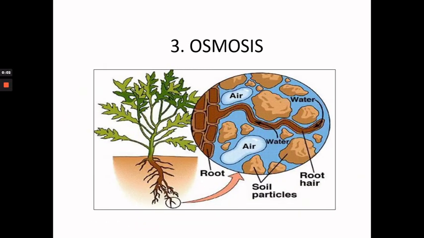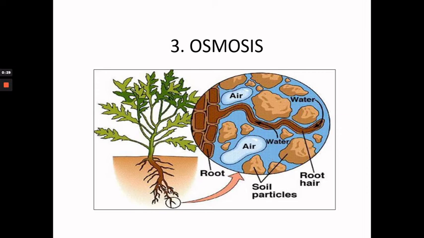Okay, so let's look at the third type of passive transport, and that is osmosis. Osmosis is the way that water moves from the soil into the roots of plants. Now, inside the soil, we have a lot of water, and we also have other molecules, like other minerals, even salt.